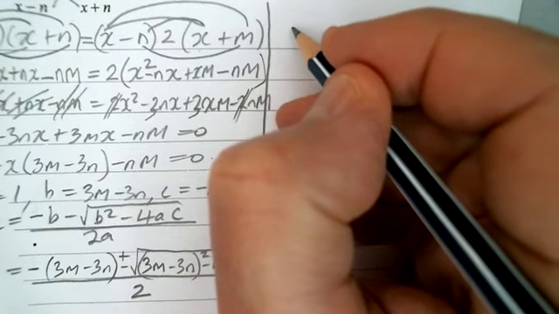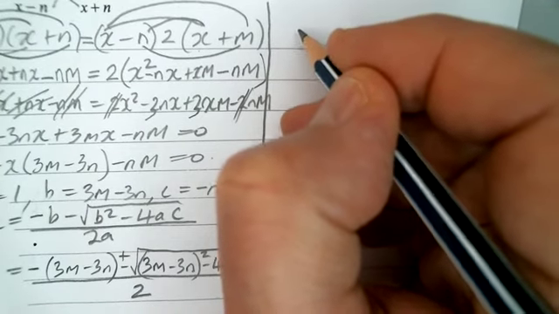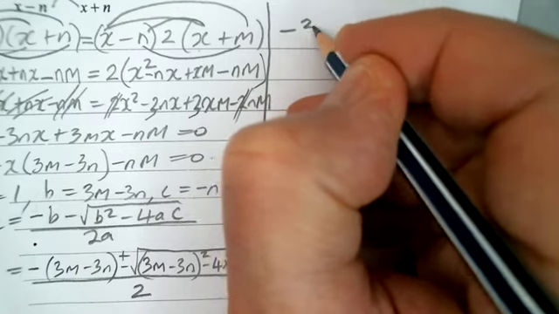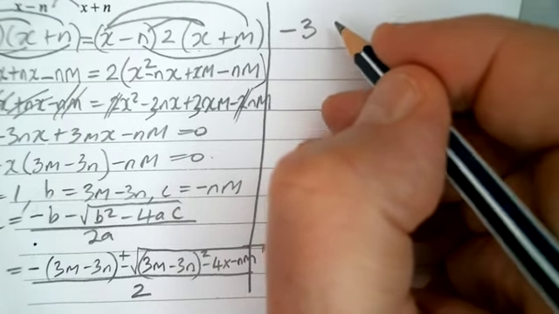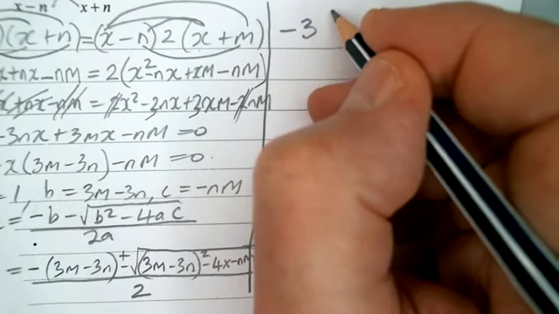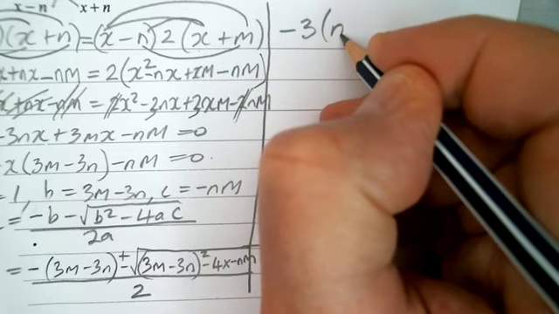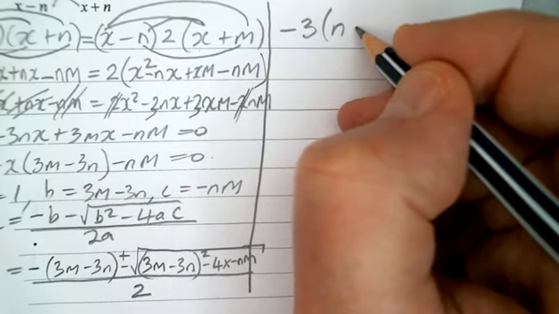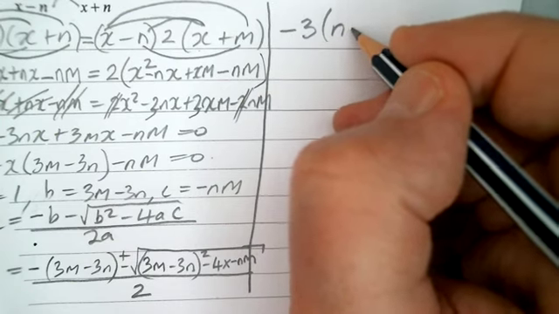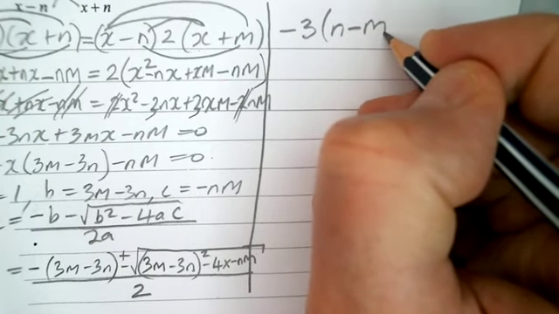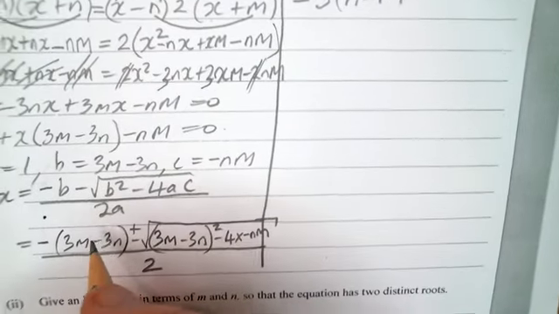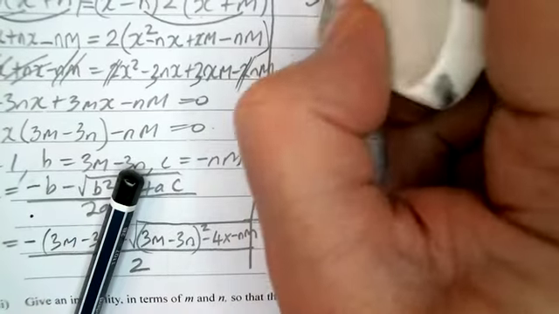So that's going to be a minus 3 out the front, negative 3n, and I've got an m here as well. In fact, it's going to be n minus m. No, it's the other way around.